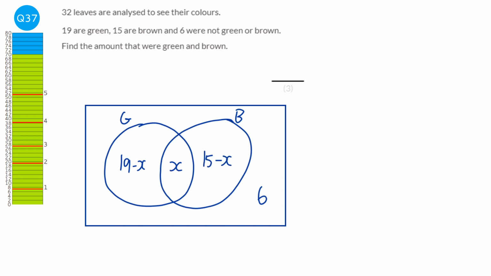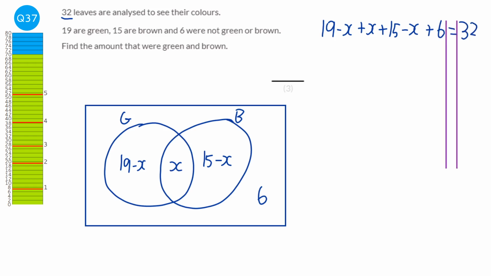For the next step, we know that all of them together add up to 32, because it says in the question. So we're going to add all of these, the 19 minus X, the X, the 15 minus X, and the 6 together, and we know that equals 32. Let's get our solving lines in.